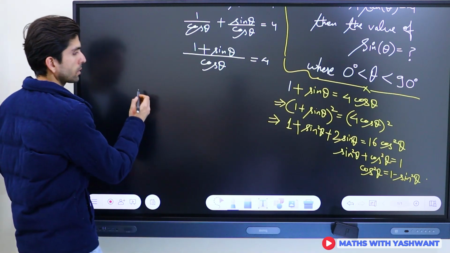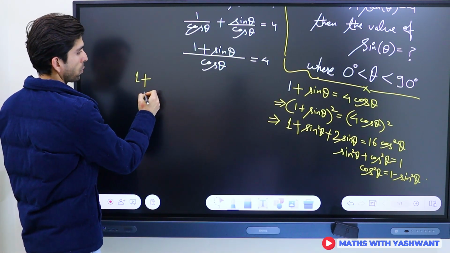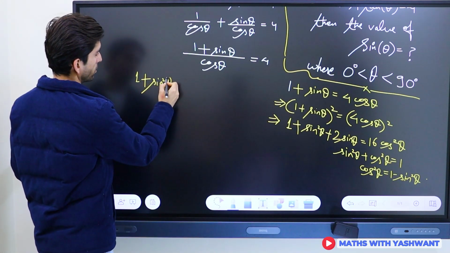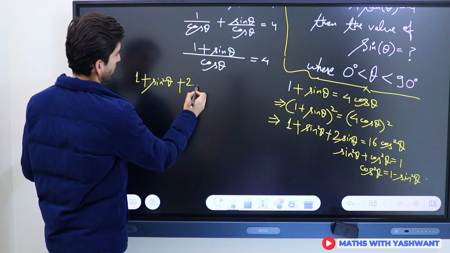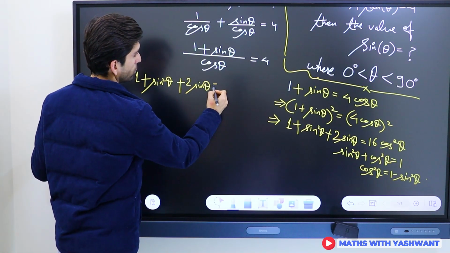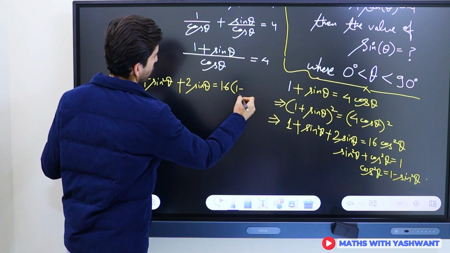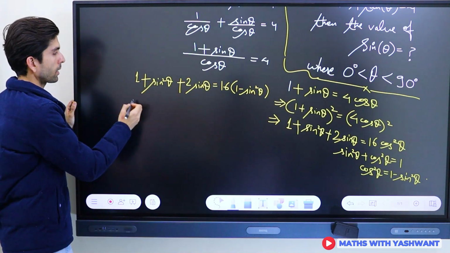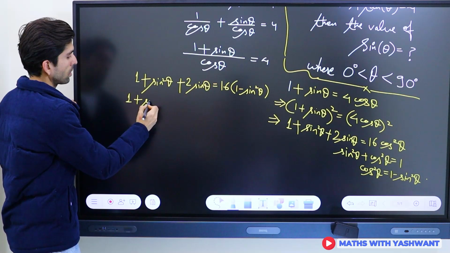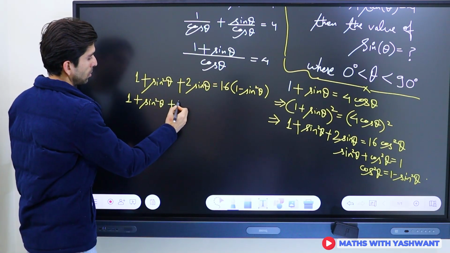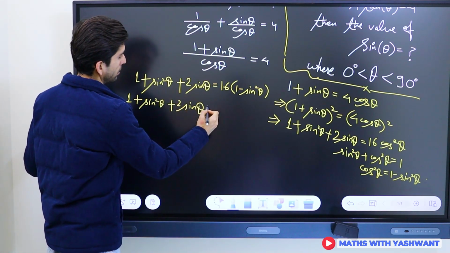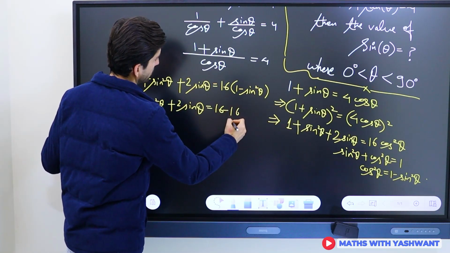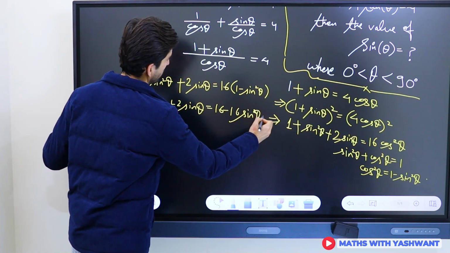Okay, so we'll write here 1 plus sin square theta plus 2 sin theta is equal to 16 times 1 minus sin square theta. If you open the bracket, we get 1 plus sin square theta plus 2 sin theta is equal to 16 minus 16 sin square theta.